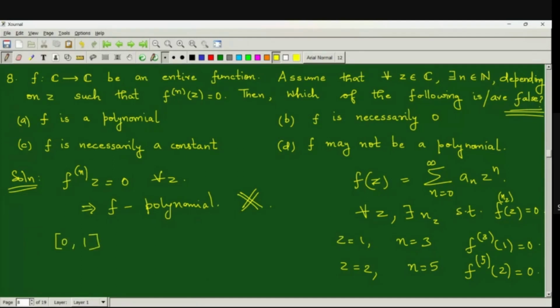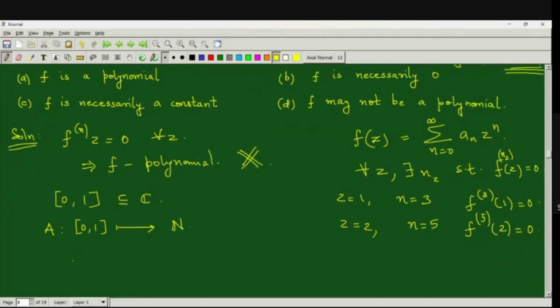Whichever uncountable set you can take from C. So this is an uncountable subset of C. View it as an uncountable subset of C. Now, given this map, let me call this map A. For each element in that set, assign it to that n which is making this thing 0. Till this you understood?